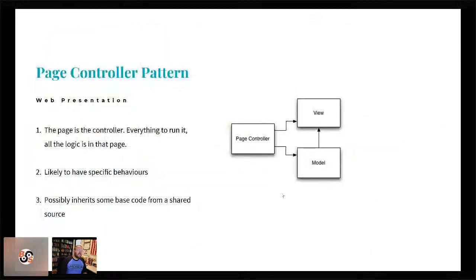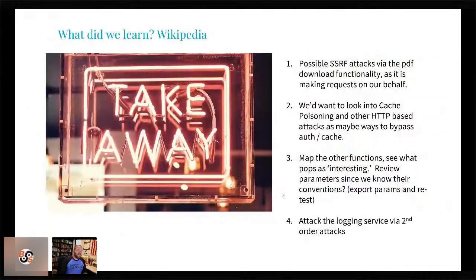And the last thing you can take away from this is that there's this logging service, right? If you're going to go after second order attacks, you have to think about where the data is going and who would use it. Is it possible to poison the log, or poison live chats, which is where you might see it in other cases?